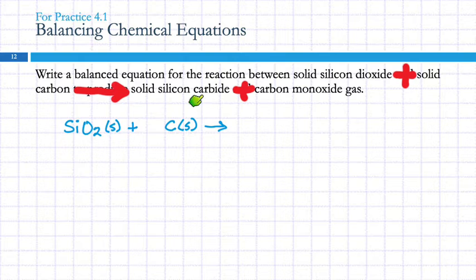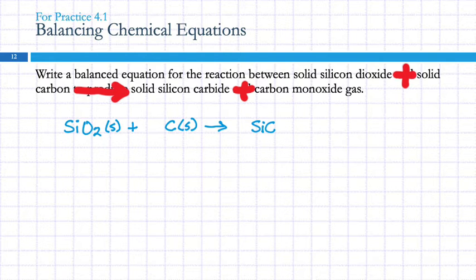And then there's this guy, silicon carbide. Well, silicon, again, is a nonmetal. Carbon's a nonmetal. This is a molecular compound. It maybe should be called silicon monocarbide, but we can do okay here.